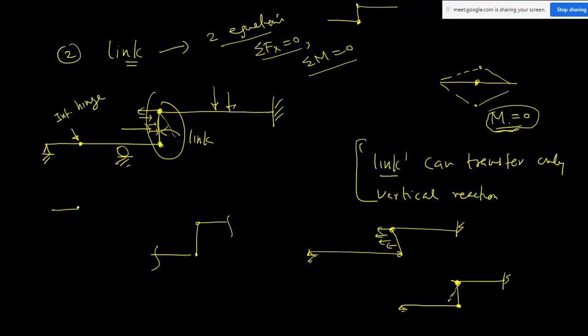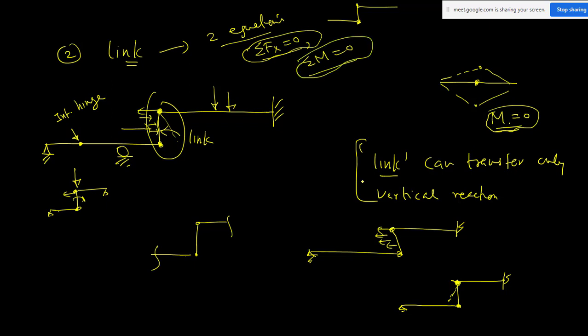Similarly, if you have a link in the structure, it can transfer only the vertical force. If you apply a vertical force, it will transfer to this member, but if you apply a horizontal force or moment, it cannot transfer. That is why at this link location you will get extra conditions: horizontal force is 0, and moment also 0.